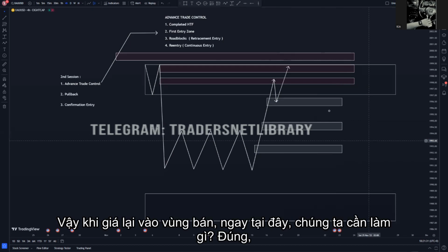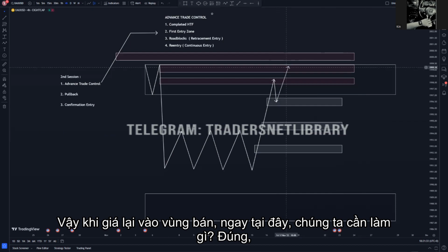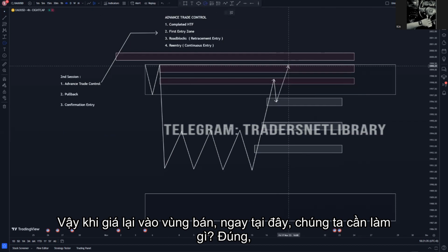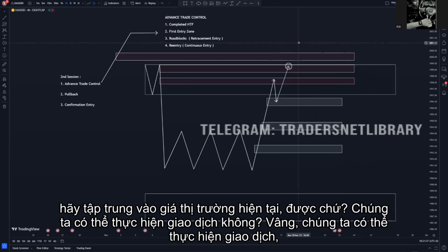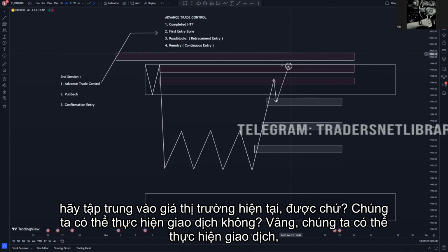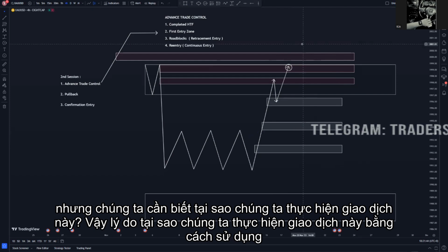So when the price gets into the sell zone again, right over here, what do we need to do? Yes, focus on the current market price. Can we take the trades? Yes, we can take the trades, but we need to know why we take this trade.